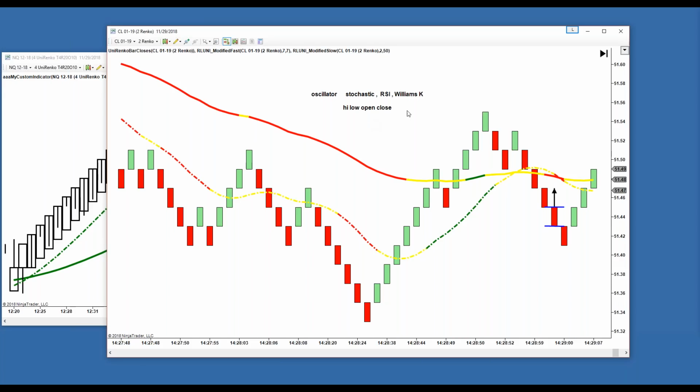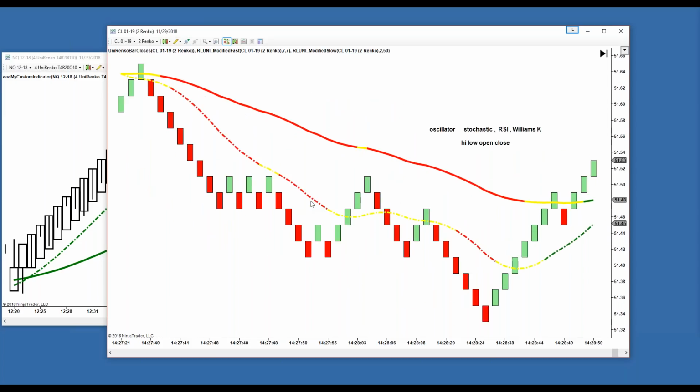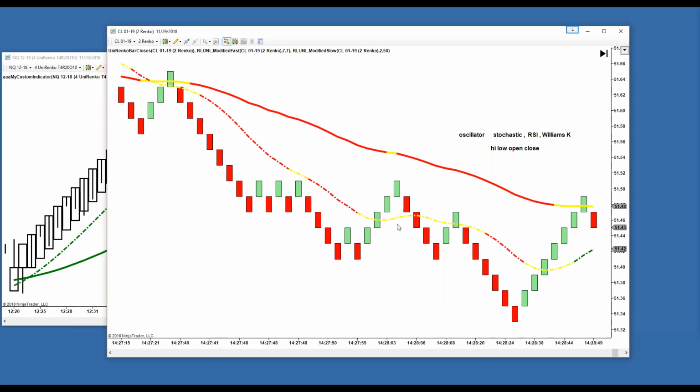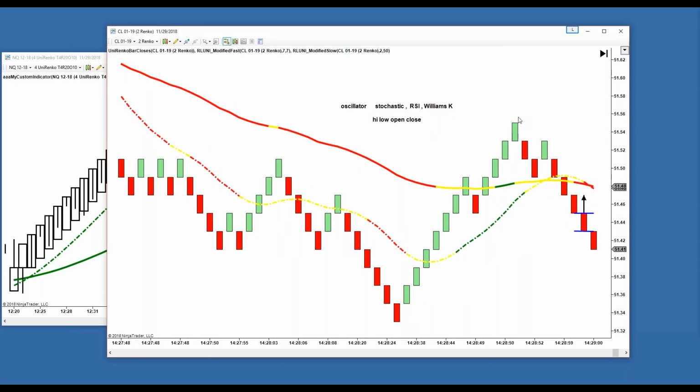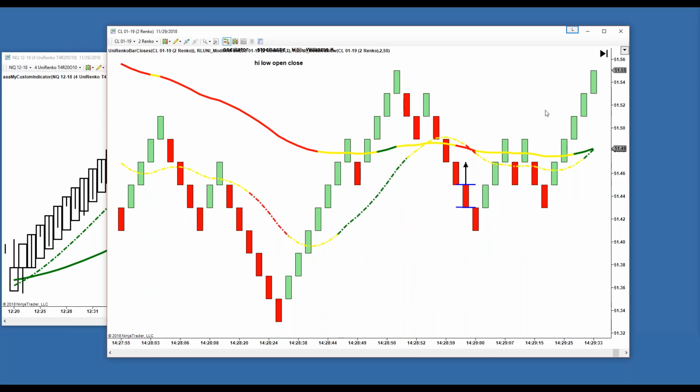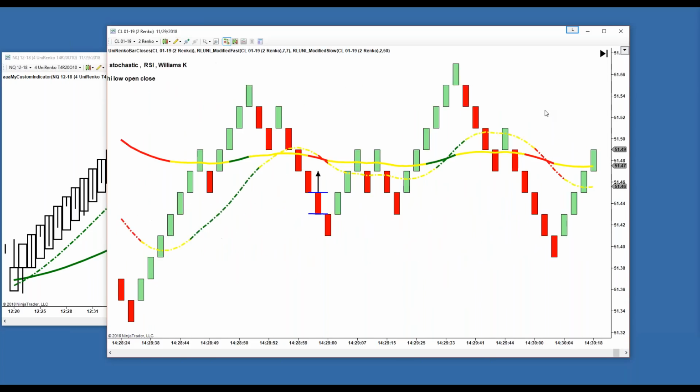You have to be very careful not to try to use an oscillator because it's just not going to help you. All it's going to do is trace out a percent K that is totally useless because it doesn't have enough data per candle in order to give you an accurate overbought, oversold signal. So it's just totally useless.